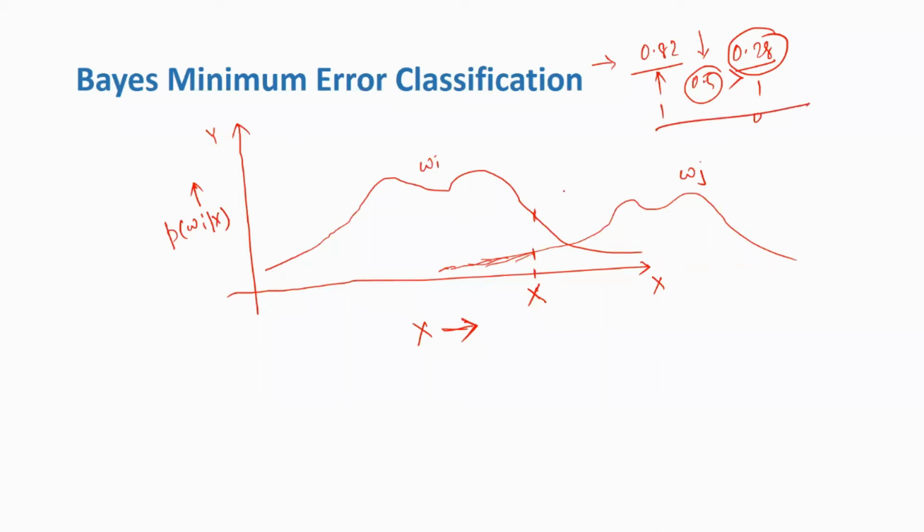Similarly, here also, since we have two classes, those two classes will have some probability distributions, say omega I and omega j.